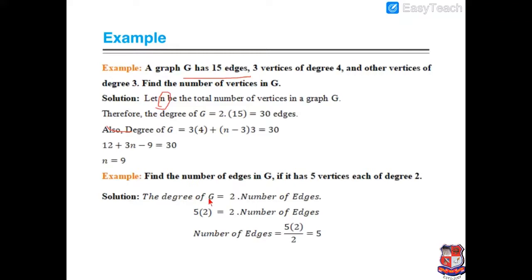Therefore, degree of G is equal to 5 into 2, which is equal to 2 into number of edges. Therefore, number of edges, after simplification of the above steps, is 5 into 2 divided by 2, which is equal to 5. So, there are a total of 5 edges in the given graph G.